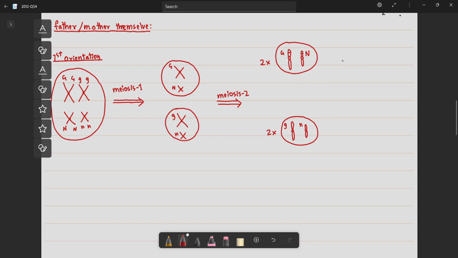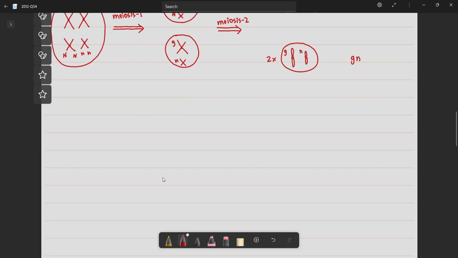So the genotypes of these gametes are GN and gn. This means that for this first orientation, the independent assortment, the most important part, is arranged in such a way that it produces gametes with these genotypes. So their alignment is different.